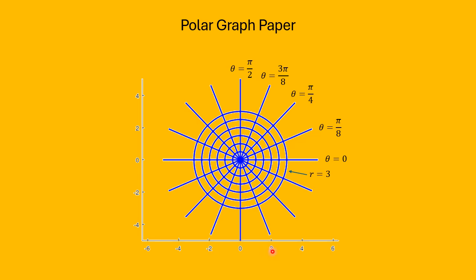If you compare the two, you'll see that this outermost circle has a radius of 3. So all of the points on this circle have an r coordinate of 3. The next one in, the r coordinates of these points are all 2.5. For the next one, 2, 1.5, and 1. And finally, this one right here, 0.5.